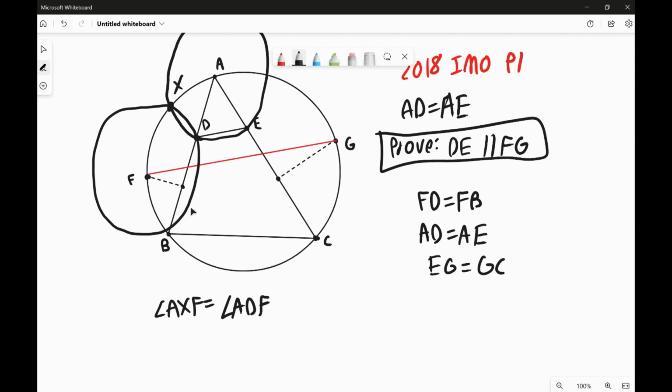And we want to prove that it's equal to 180 degrees minus ABF, ACF, AGF, or something like that. It seems like ABF is the most natural here because we're keeping things on the segment AB. So let's do that. We want to prove that it's equal to 180 degrees minus angle ABF.